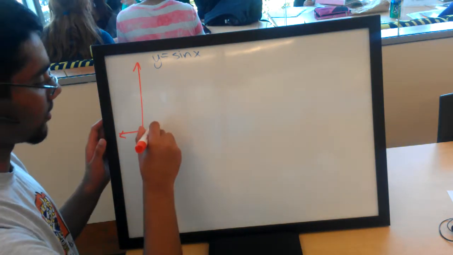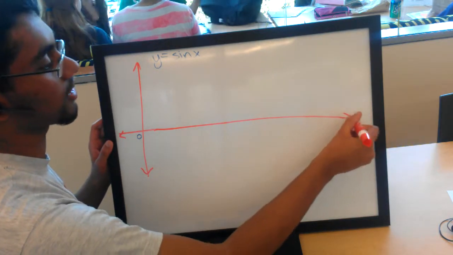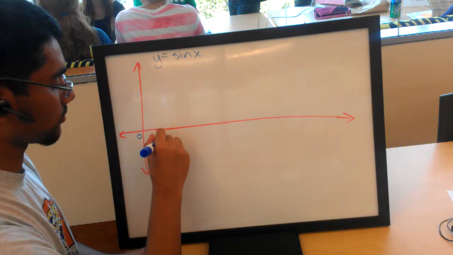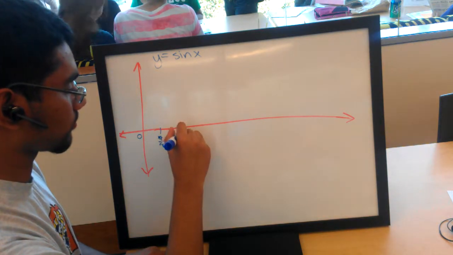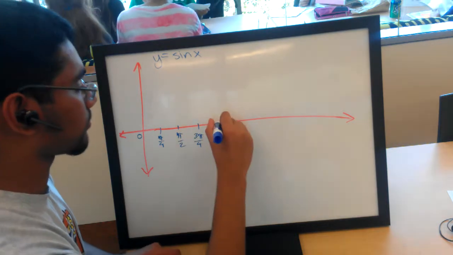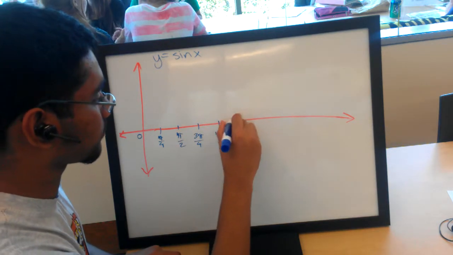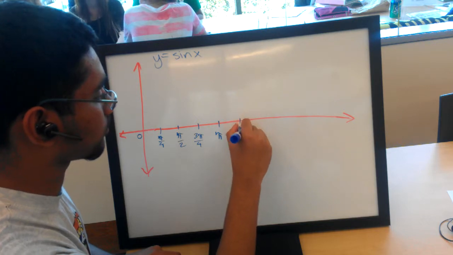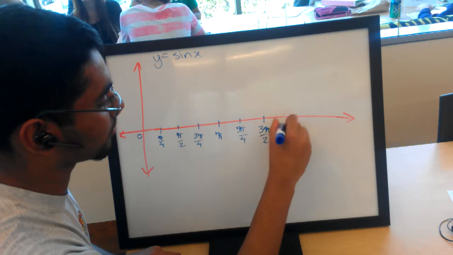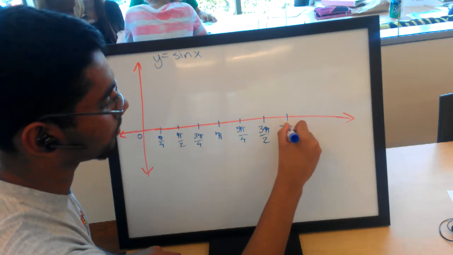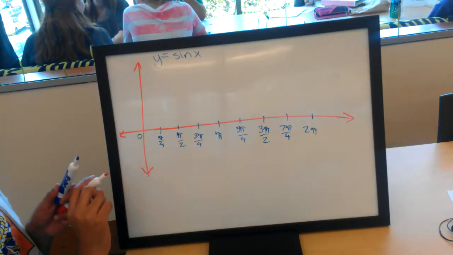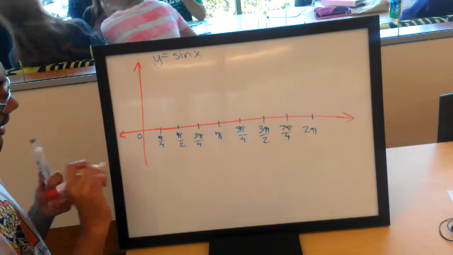Okay, so what is the period of a sine function? Can you tell me how often it repeats? Are you guys sure? Okay, and so what should I put on the y-axis?